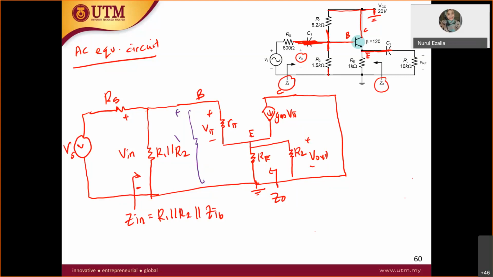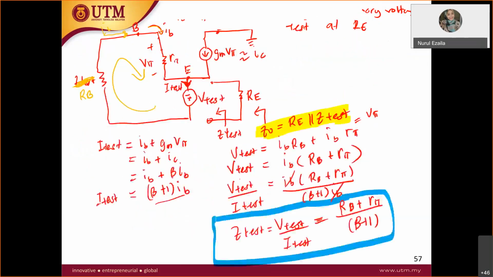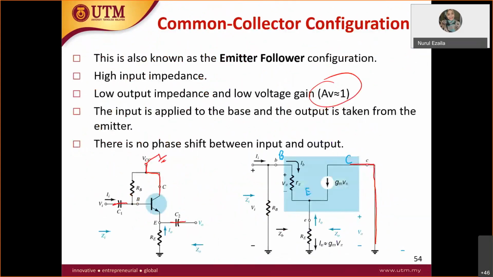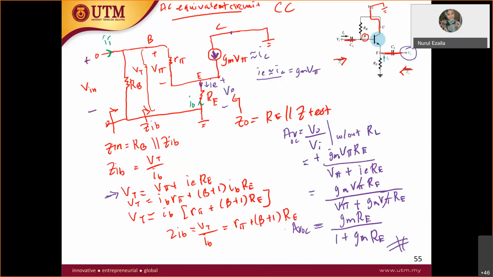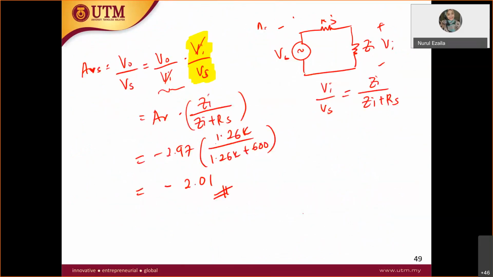It is the same concept as in the unbypassed case just now, so you have to parallel everything. The derivation for Z in is the same as in the unbypassed case, so let me go back to it.